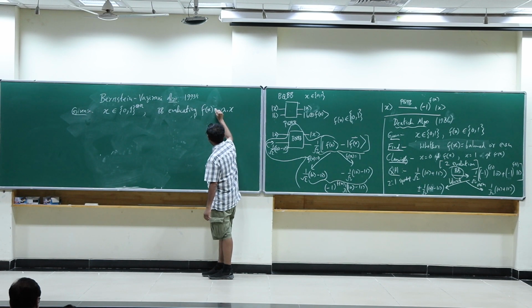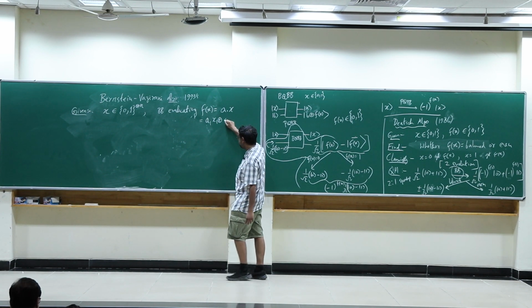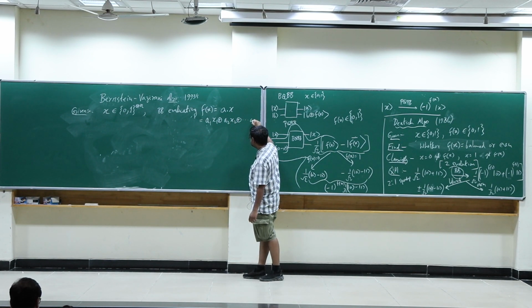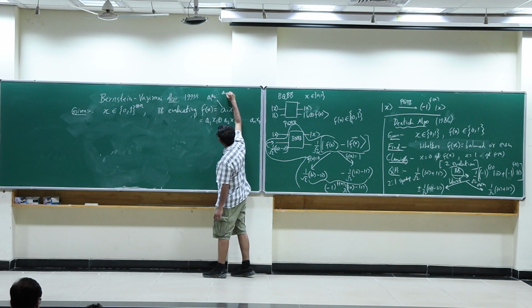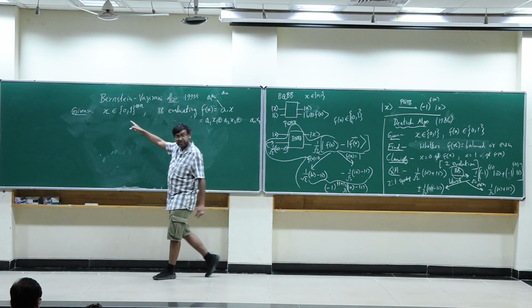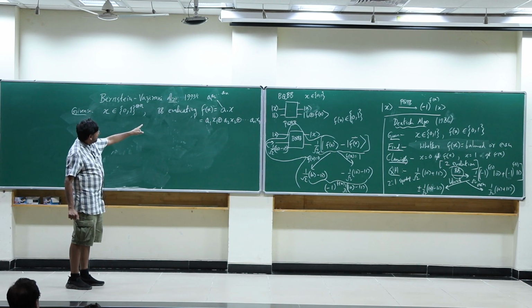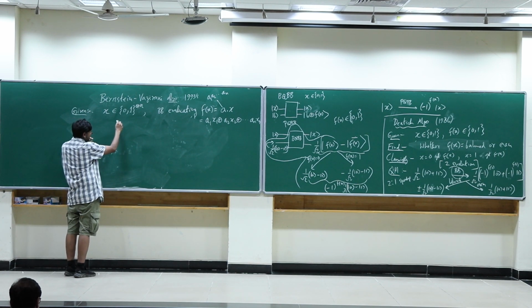So what is a dot x? A dot x is defined the following way. It is a1 x1 modular sum a2 x2 modular sum up to an xn, where a is a bit string a1 a2 dot dot dot an, and x ranges over all possible bit strings. So x1 is the first bit, x2 is the second bit. x has values from all zeros to all ones. So x is x1 x2 dot dot dot xn.